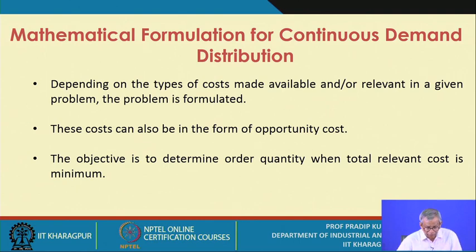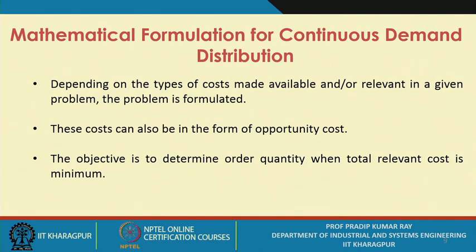Depending on the types of costs made available and or relevant in a given problem, the problem is formulated. Many a time we are restricted by this condition. This cost can also be in the form of opportunity cost. The concept of opportunity cost we have already defined.